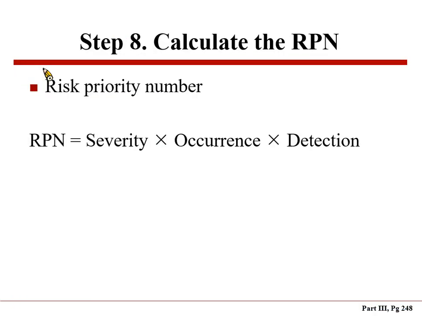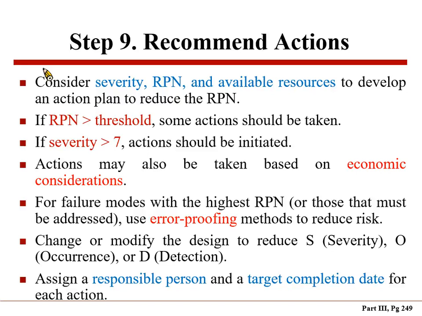Next, we calculate the RPN. RPN means severity S multiplied by occurrence O multiplied by detection D. Okay. So in step 8, we recommend some action. Okay. So we can consider severity, RPN, and the resources we have to decide which action plan we have to do.